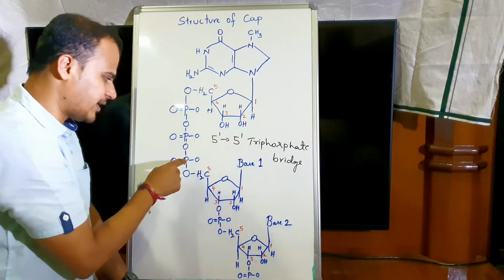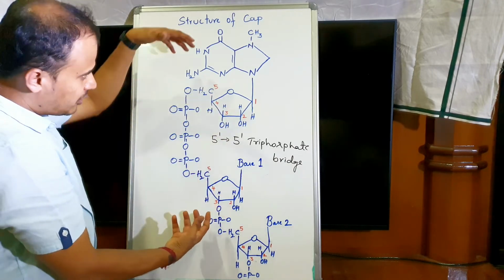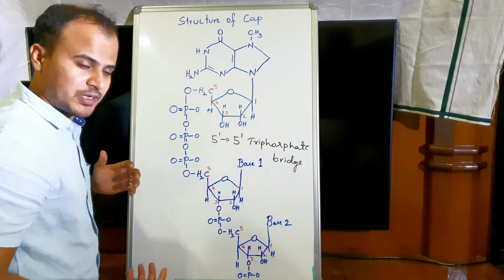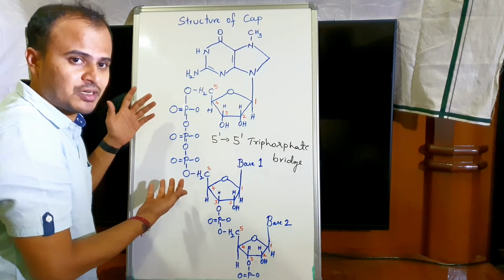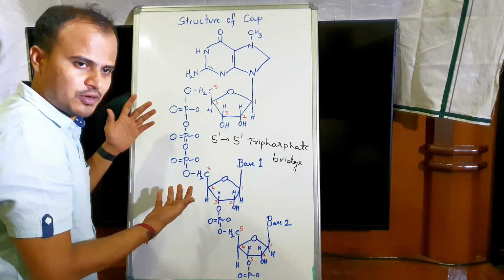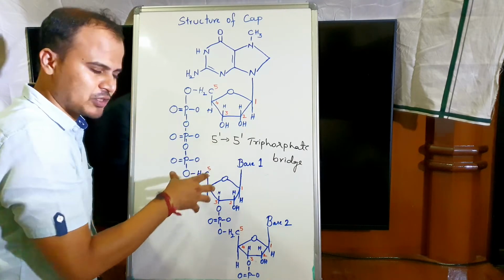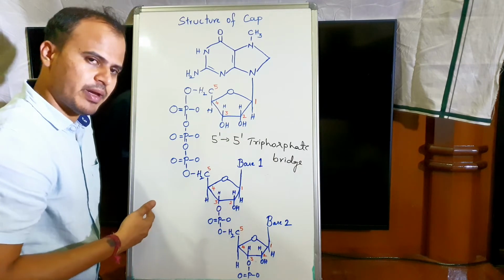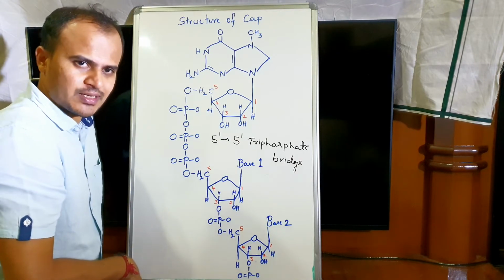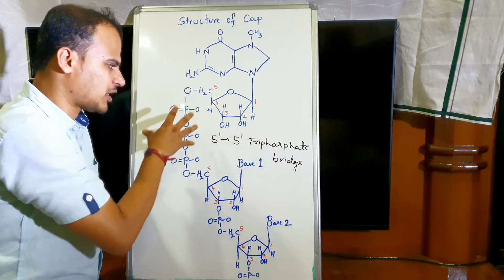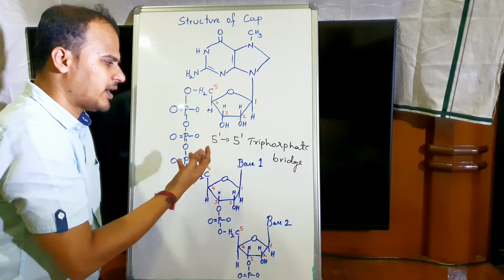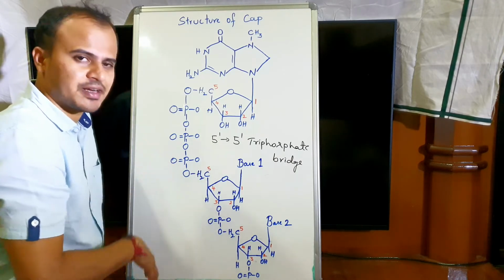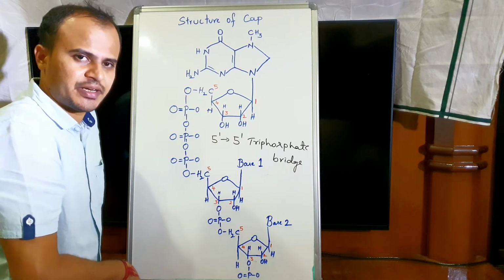But between the 7-methyl guanosine and the first nucleotide, there is a 5' to 5' triphosphate, which is called the reverse orientation. Of course, we don't find it in any of the nucleic acids. This reverse orientation results in resistance towards many of the 5' exonucleases. So this structural diversion helps protect the mRNA from the exonucleases as well as helps it be recognized by the translation machinery of the cell.